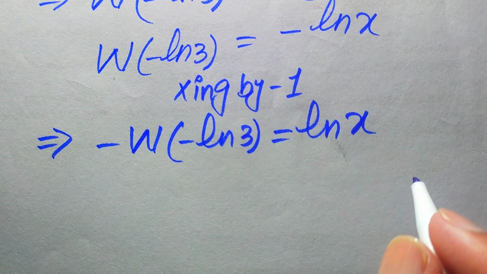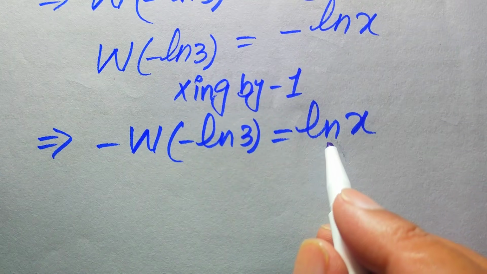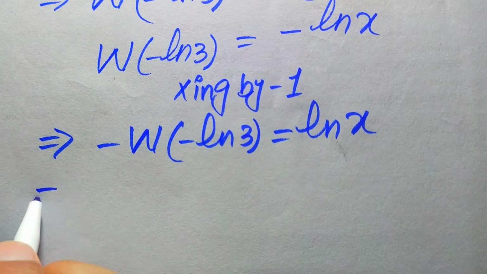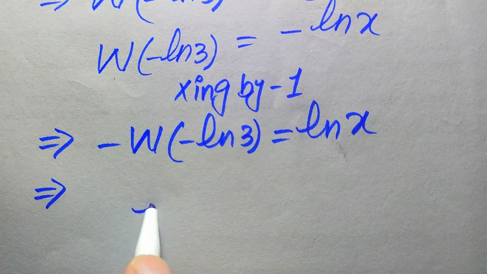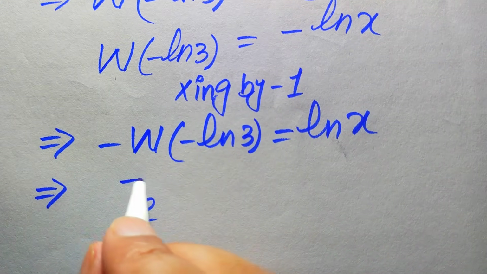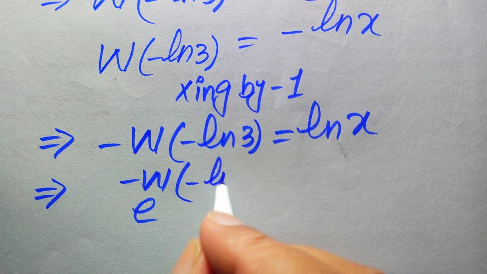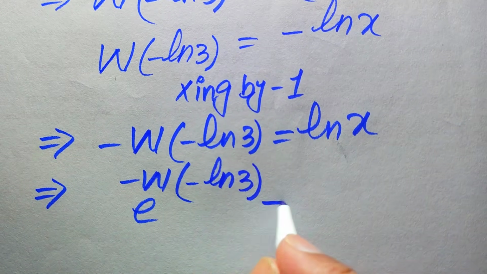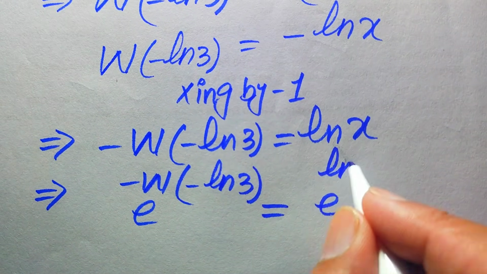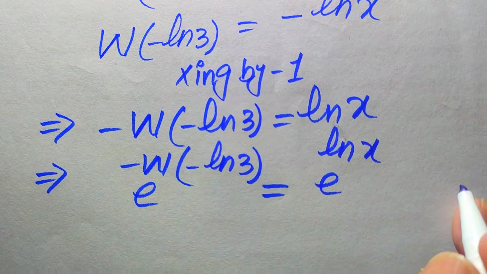For the value of x, we need to remove the log from the right hand side, so we take the anti-log on both sides. This becomes e to the power of minus W of minus log 3 is equal to e to the power of log x.